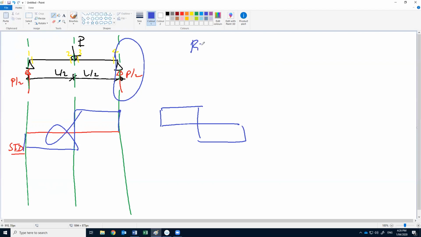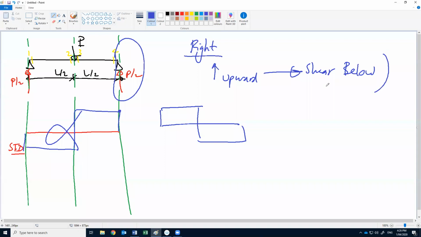From the right, if the force is going upward, this means the shear is below. We will not use this rule, but I just tried to explain both methods. If you use the same procedure in both directions, this will be wrong, so you need to be careful.